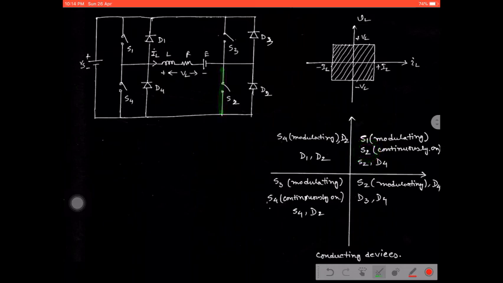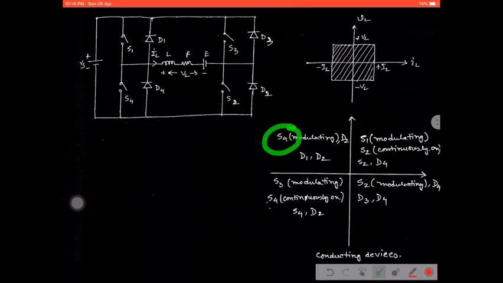Because when this part tries to operate, then it must be on or short circuited. That is why when the class A chopper tries to operate, the switch S2 has to be on always or continuously. That is why S1 is for charging and S2 and D4 for discharging.